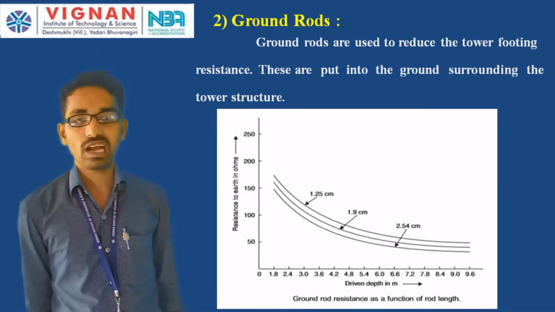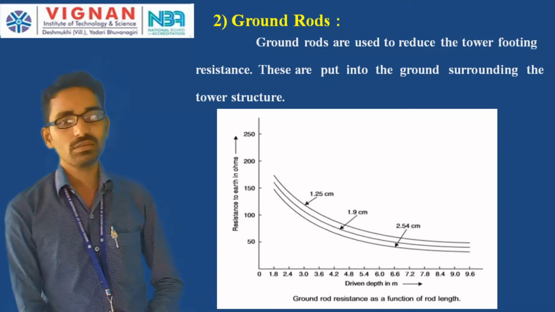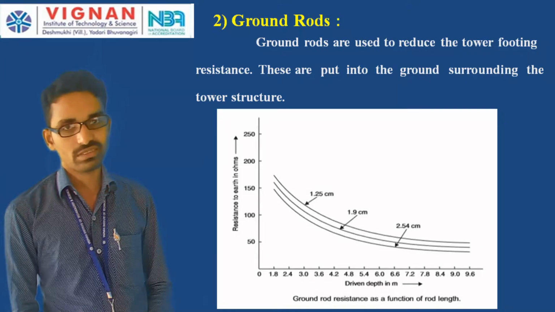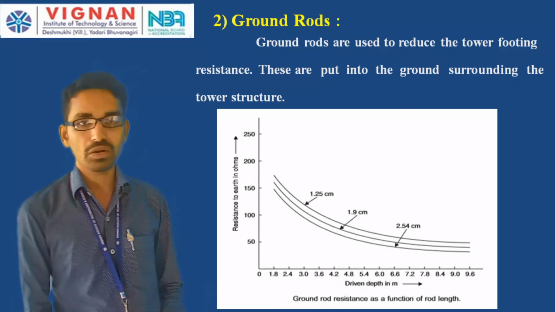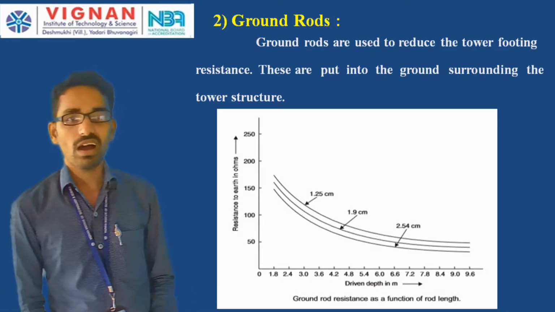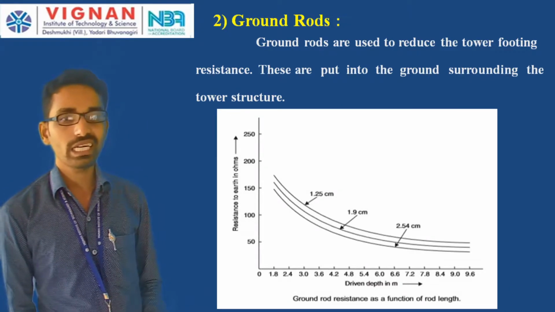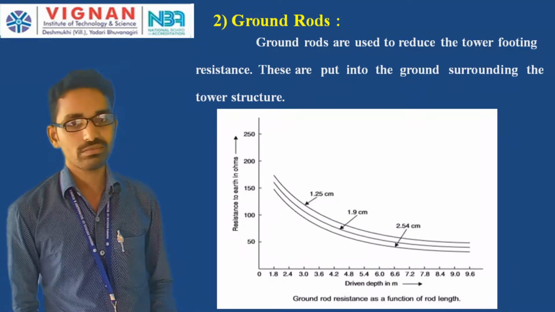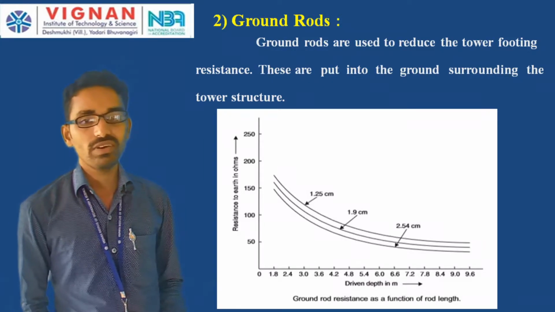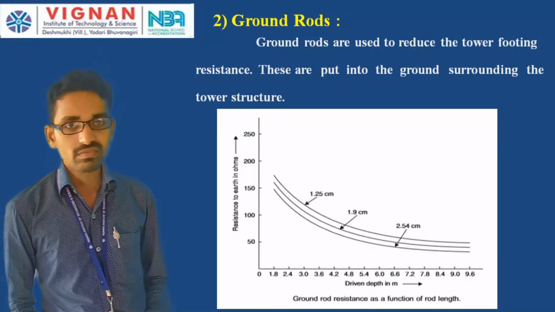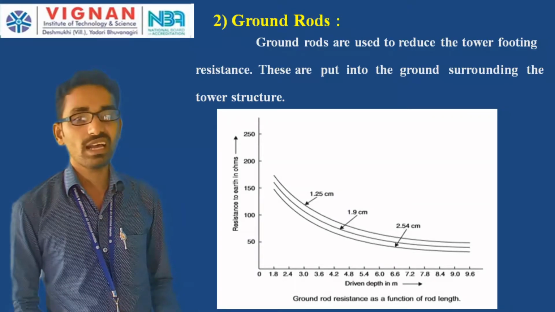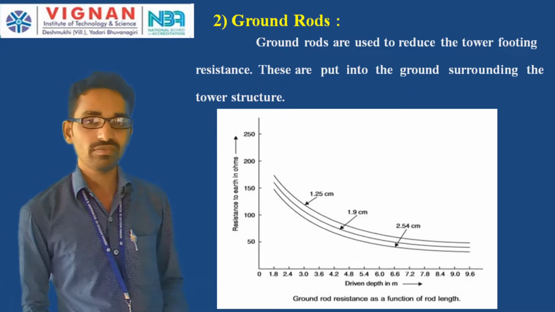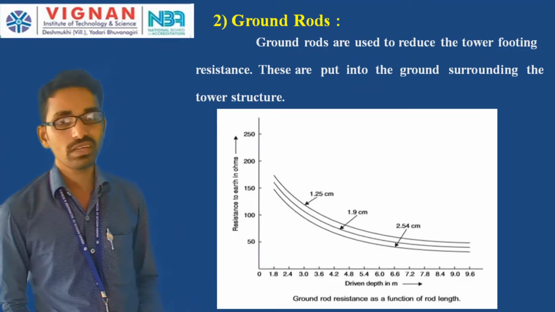Next we have the ground rods. These ground rods are the rods used below the transmission towers. They are put into the ground surrounding the tower structure. If we use larger lengths of ground rods, let us take 1000 meters of ground rods, then what happens?